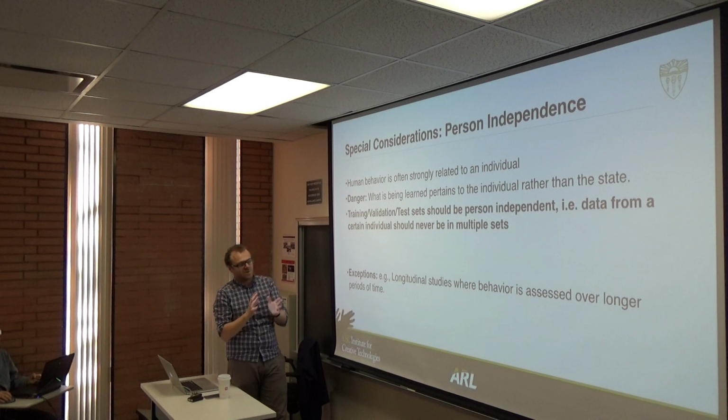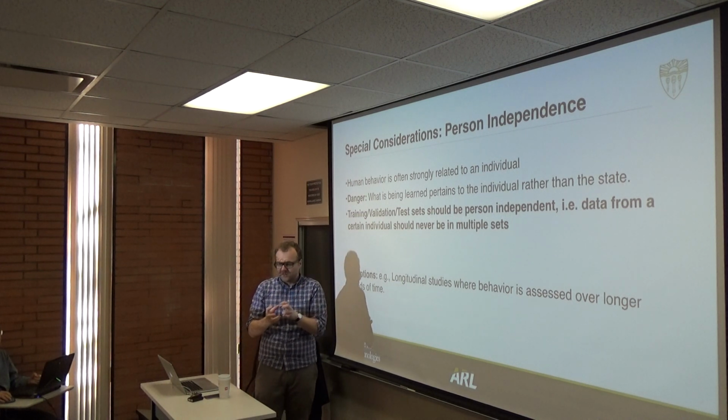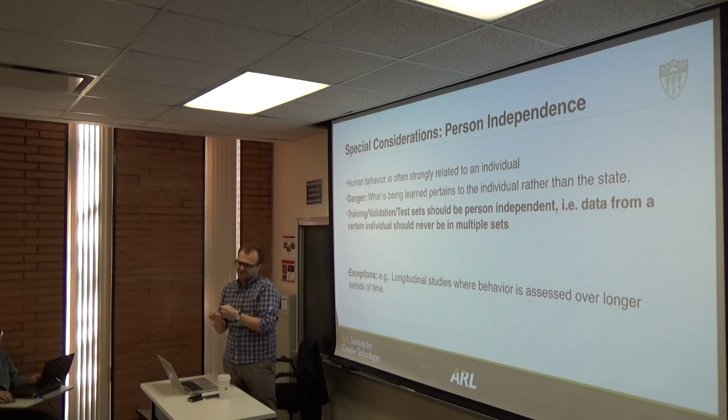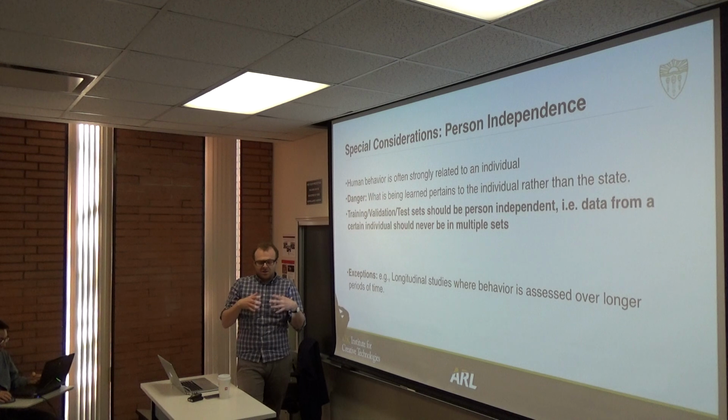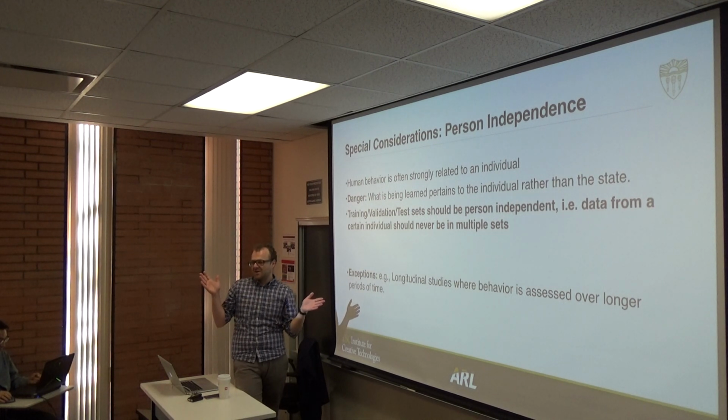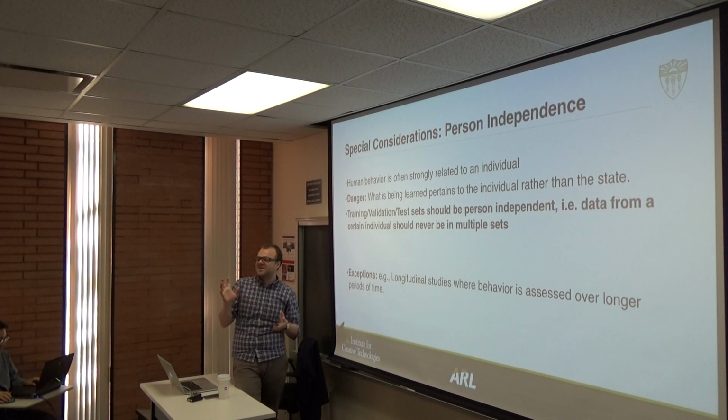So you don't want to learn something that is not representative of what you want to do. For example, if we do emotion classification, right? We have data recorded in 5 different emotions, so we have multiple recordings of each different emotion, but we have only 10 people, right?